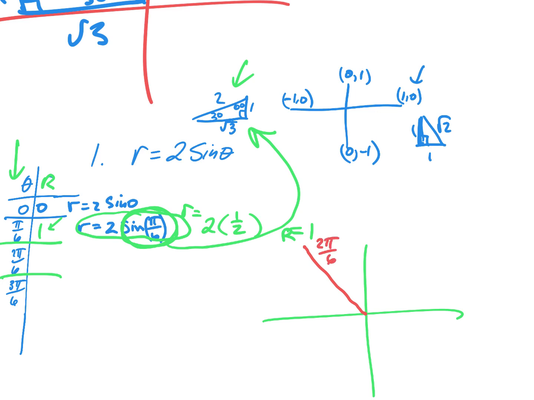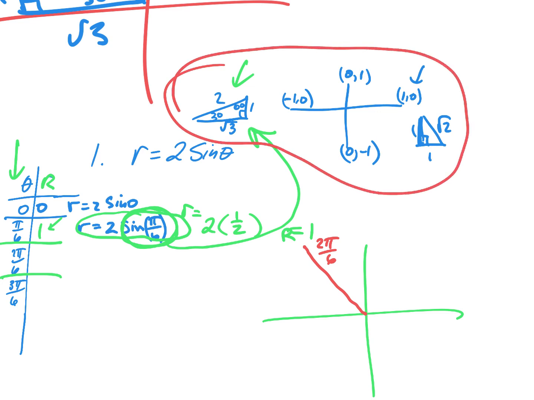If you're just grabbing all your numbers off of these, none of them are going to give you negative answers. You've got to be aware that if you're in quadrant 2, anything that's cosine or tangent is going to be negative. So you've got to give negative answers.